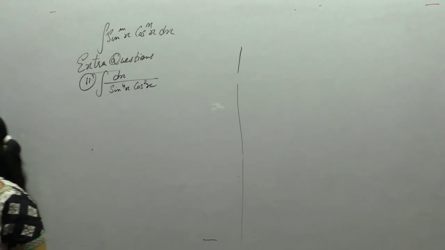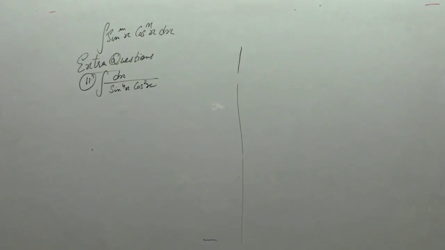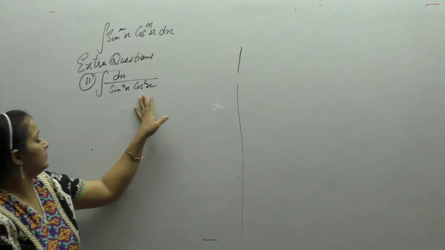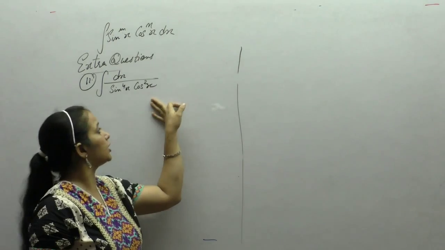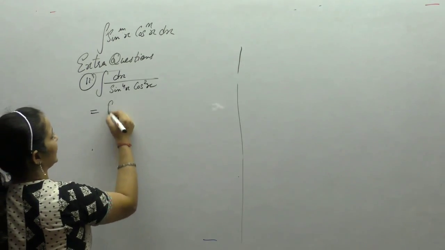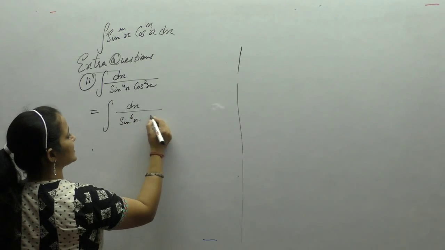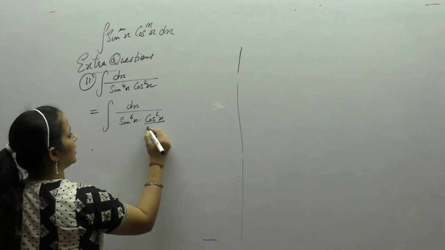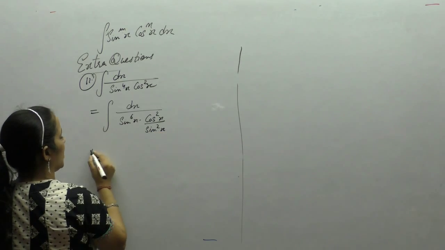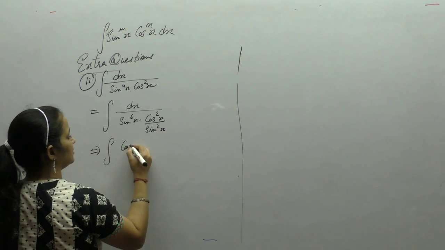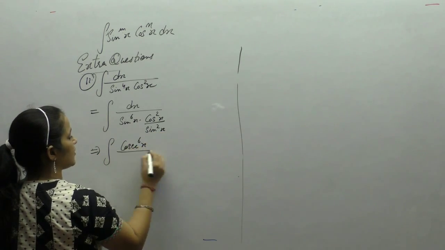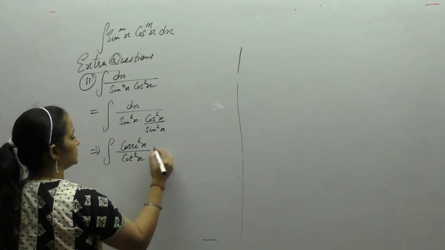Yes, in this question we can make it tan or cot. We multiply and divide it by sine square. Sine 4 into 2 is sine square, 6 cos upon sine. 1 upon sine is cosec and cos upon sine is cot.